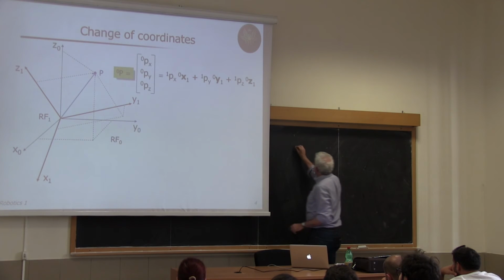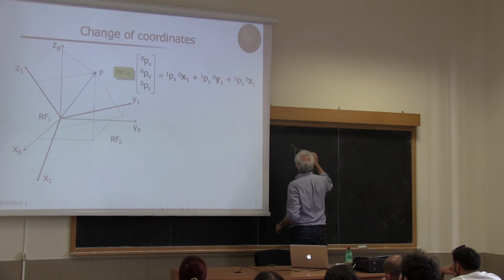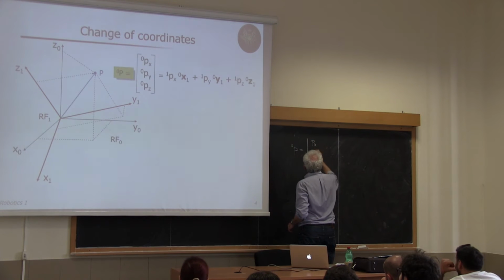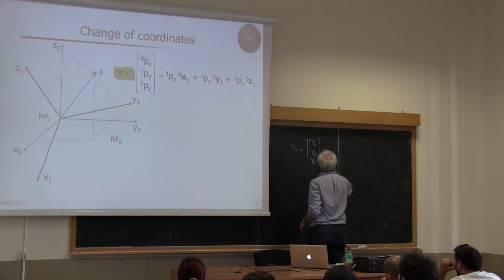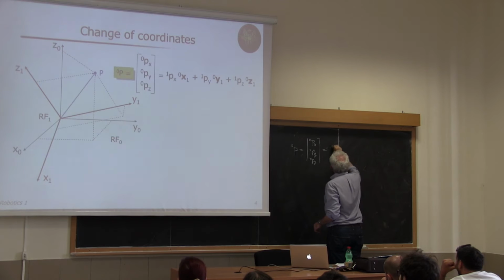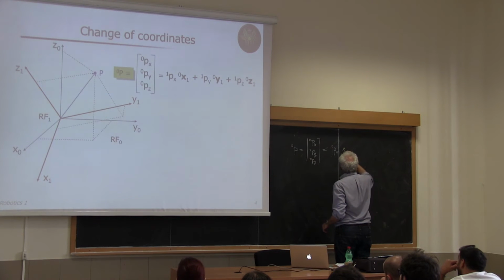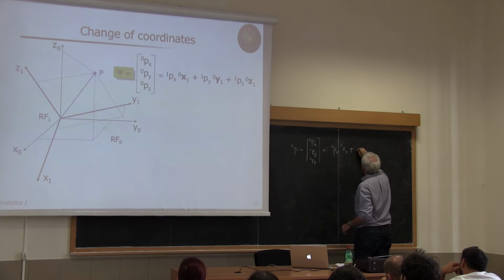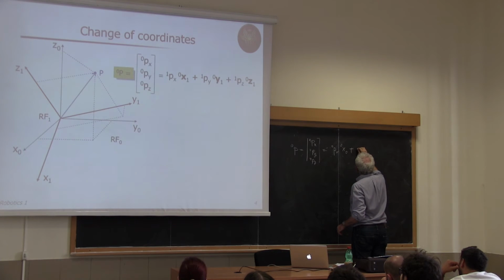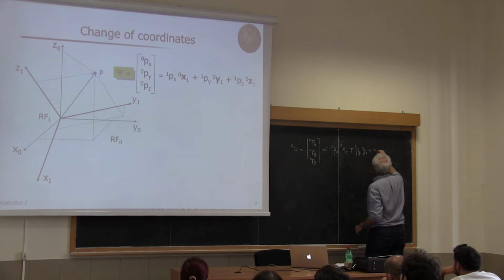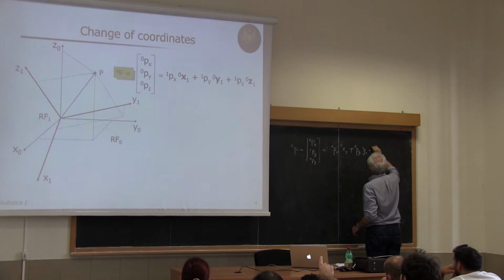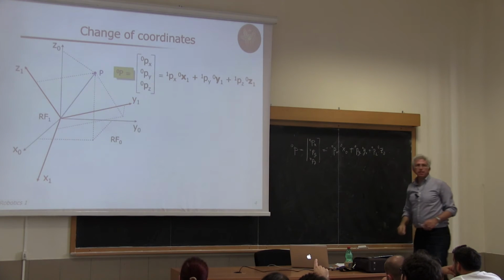I can write this P0 as px, py, pz, and then rewrite it as px0 with respect to an axis made like this, then py0 with respect to y0, and then pz0 with respect to the z0 axis.